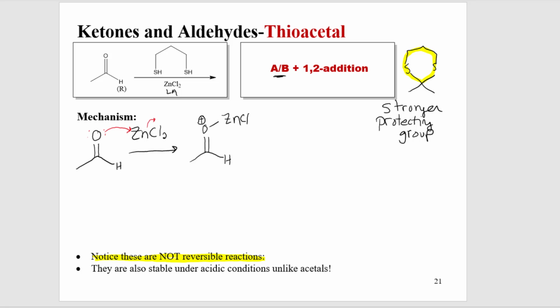Okay, and now we've done our acid-base chemistry, check. Now we're ready for our nucleophile chemistry. The sulfur is what we're driving on. And we're going to do our in, up.